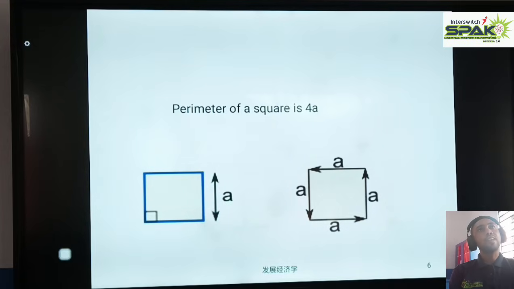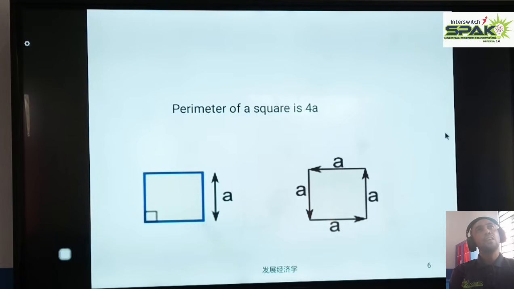Assuming the side is A, the perimeter of a square of side A will be A plus A plus A plus A. That is 4A.